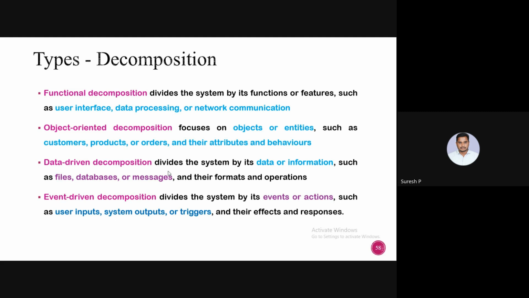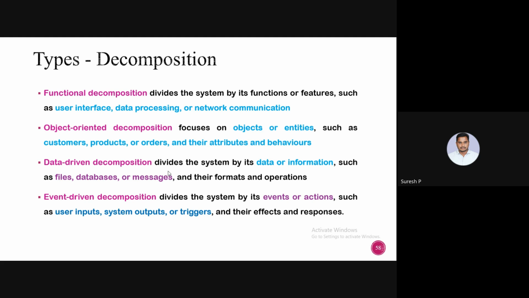Managers will be there, cashiers will be there, and other people also. So there are a number of entities involved in that particular application. If you divide the application based on the objects involved in it, then it is called as what?